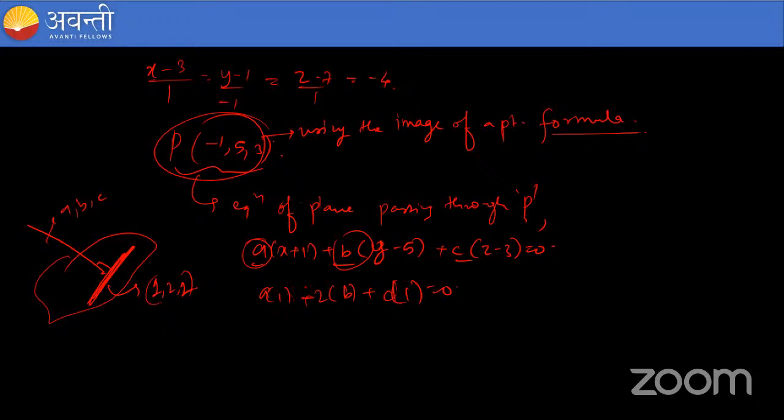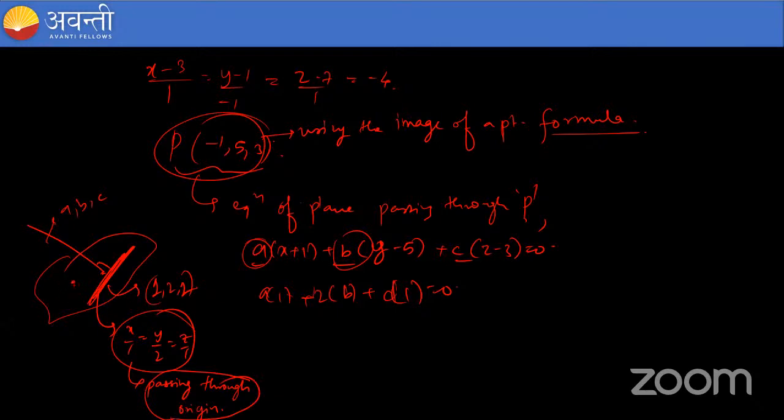The plane will also pass through the origin, since the line is also passing through the origin. You can see that the line given to us is x by 1 equals y by 2 equals z by 1, so this line is passing through the origin, right?